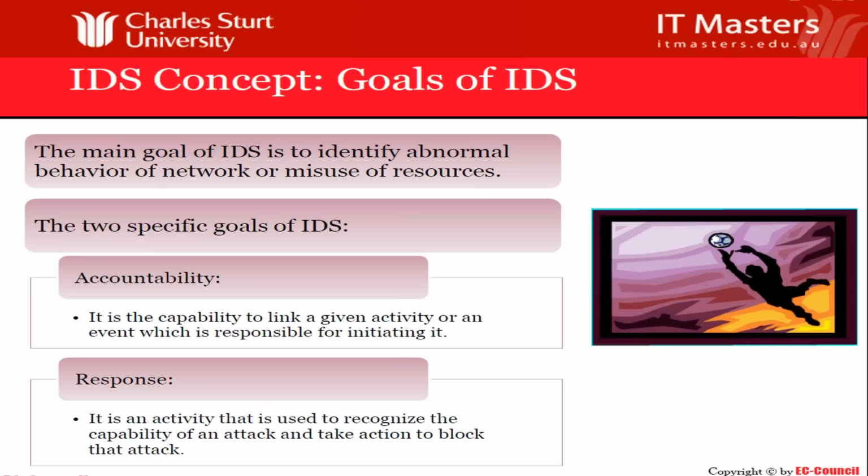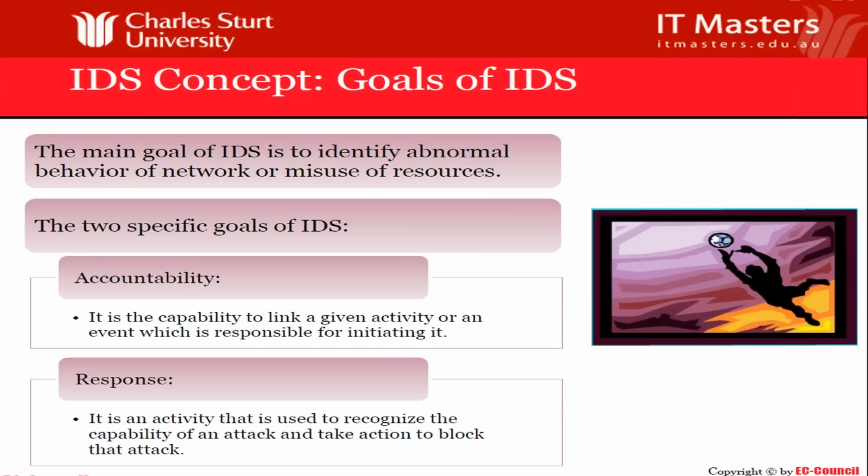So what are the goals of IDSs again? First of all, IDSs have one main goal, which is to identify abnormal behavior of your network or a misuse of resources. How can an IDS do that? Well, 2 specific goals. 1, accountability. 2, response.